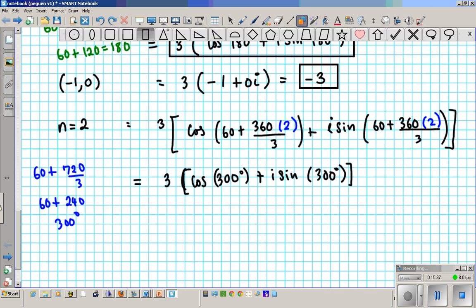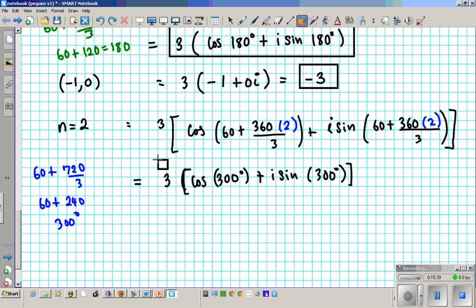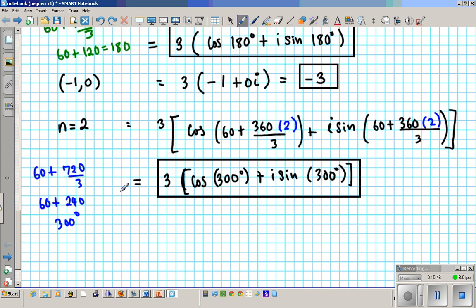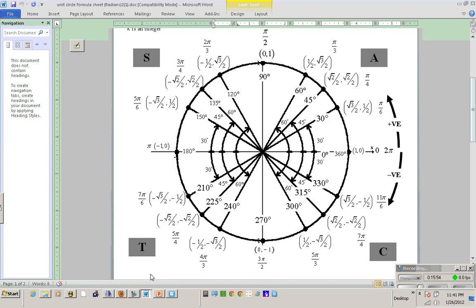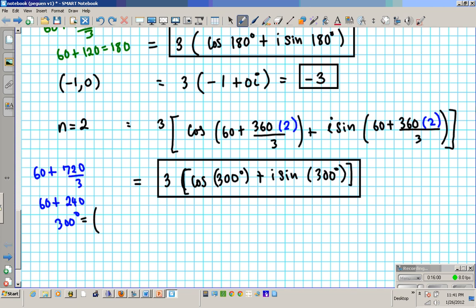Now you have your answer in the polar form. Now we're going to express the answer in rectangular form. All we need is the coordinates for 300 degrees. If you look on the unit circle, 300 degrees is 1/2 and negative root 3 over 2. We're going to plug that in here.